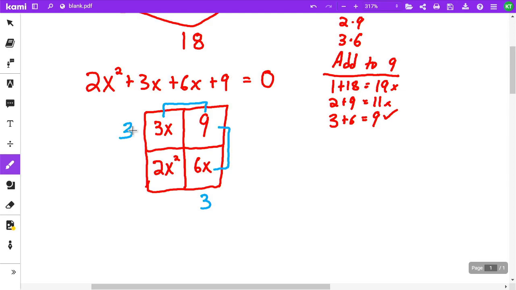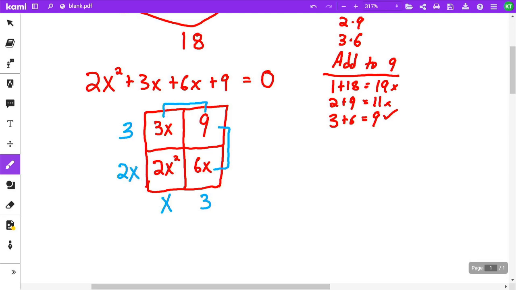So I'll use my 3 here, for example. What times 3 will give me 3x? That would be multiplying it by x, so that x will go down here because 3 times x equals 3x. And then lastly, I can do the same thing here. What times x will give me 2x squared, and that will be 2x.